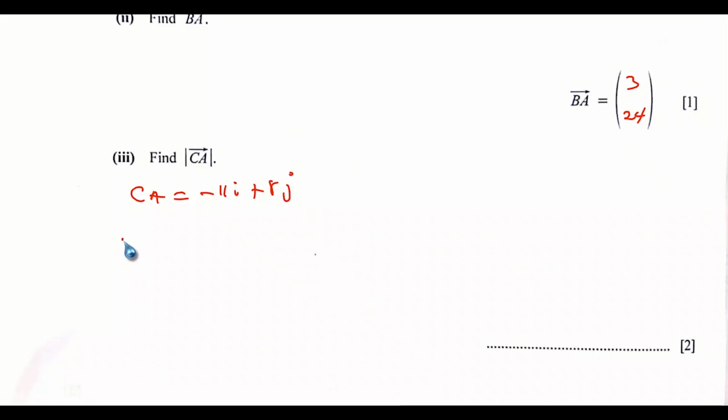So we can say the magnitude of CA will be equal to the square root of minus 11, sorry, let me write this again.